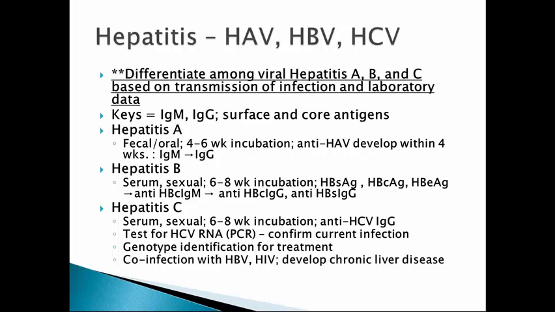We also know that individuals who are hepatitis C positive tend to be co-infected with hepatitis B as well as HIV. We also know that the risk of developing chronic liver disease is highest with hepatitis C, and actually hepatitis C is the most common reason for liver transplantation.